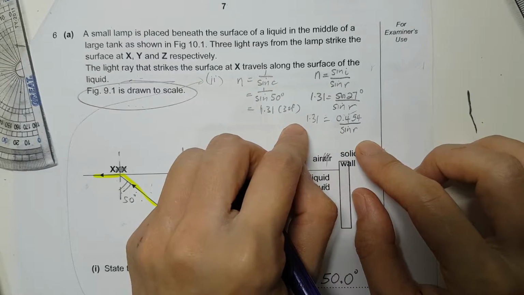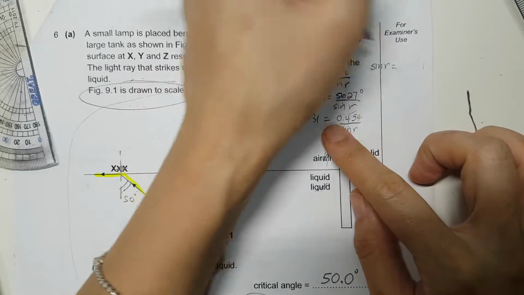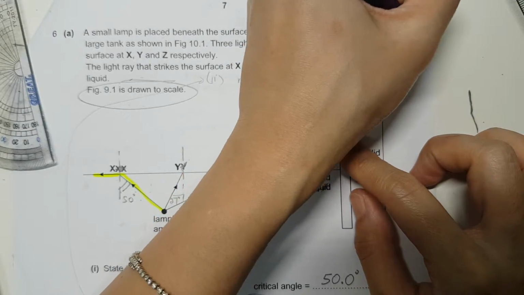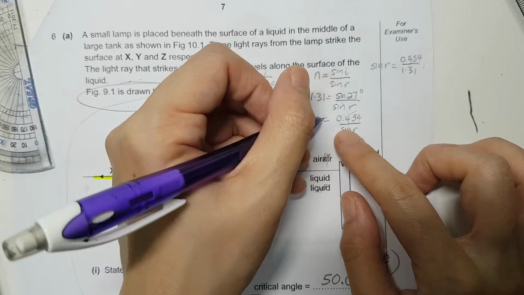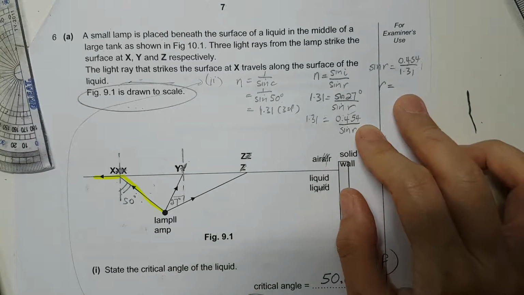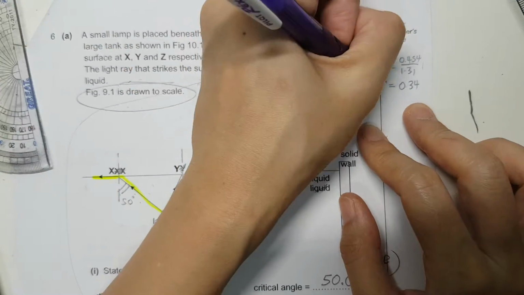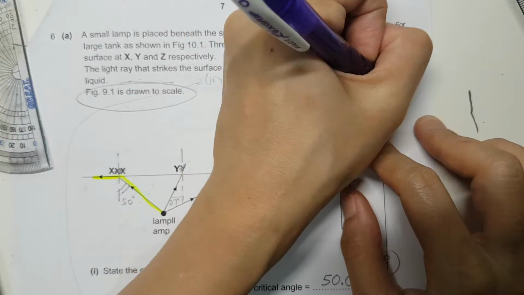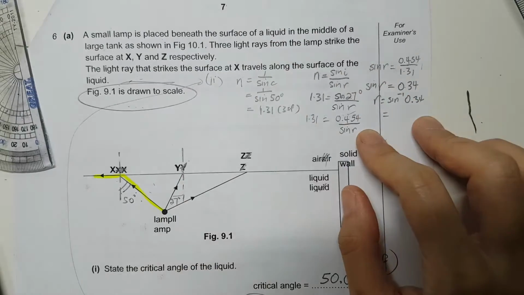Cross multiply, my sine r will be 0.454 divided by 1.31, which is 0.34. r will be the inverse sine of 0.34.